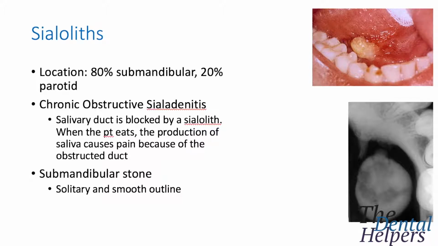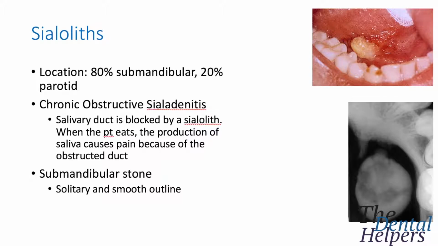So an example is chronic obstructive sialadenitis, which is basically when you have a salivary duct that is blocked by a sialolith. And this is going to cause a lot of pain for the patient. Anytime you eat, you're going to have more saliva being produced.